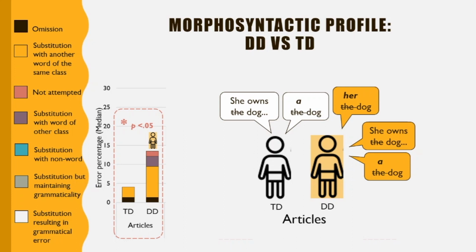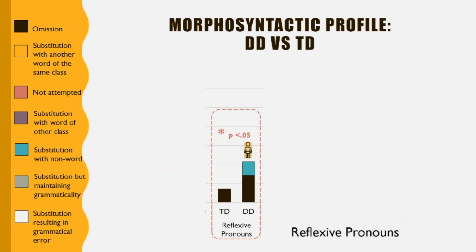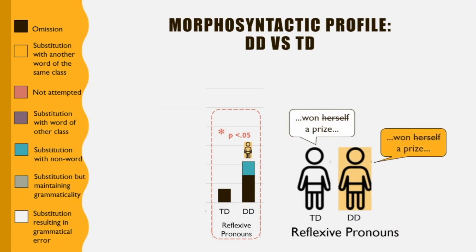Then we look at the errors on reflexive pronouns. This one's quite interesting. You see that all children tend to make such an error. Won herself a prize, they say won a prize. So that's not really a big issue. But only the children with dyslexia would substitute the reflexive pronoun for a non-word. For example, slips by himself, they say slips by he-self.